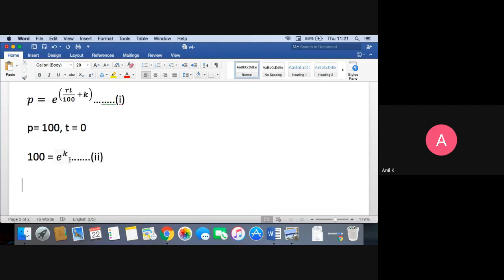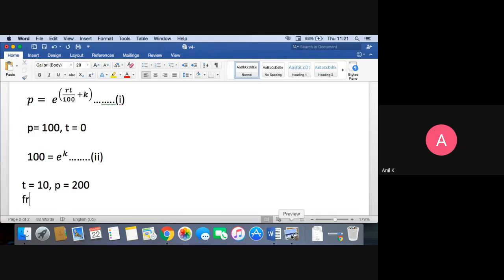Now what is given in the second condition? Your amount is becoming double after 10 years. That means when t equals 10 years, your principal amount is becoming double. Double means, out of 100, 200 rupees. So substitute these values again in equation number 1.